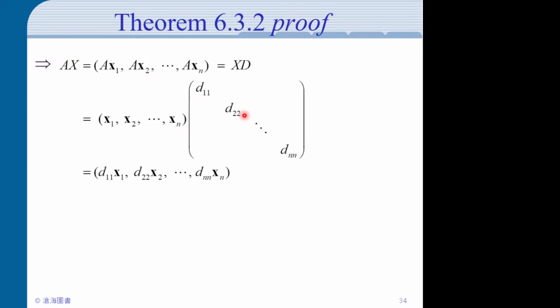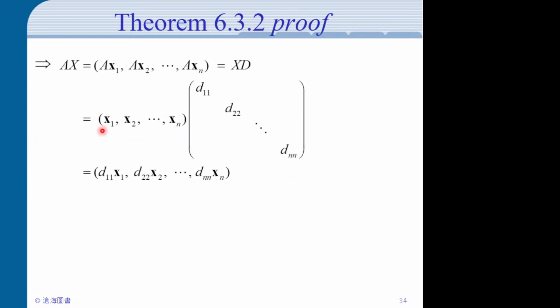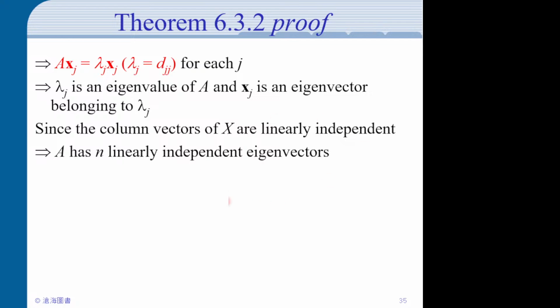Okay, so we find n eigenvectors, and now we need to say they are linearly independent. Then you go back to the similar thing. Because X is non-singular, all the columns are linearly independent, and so we have found n linearly independent eigenvectors.